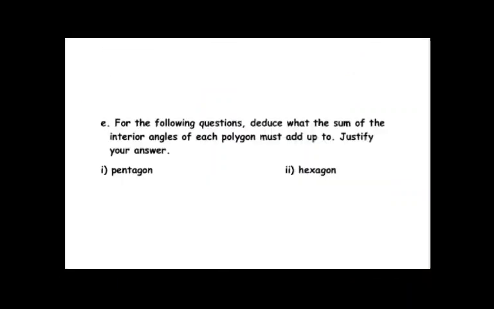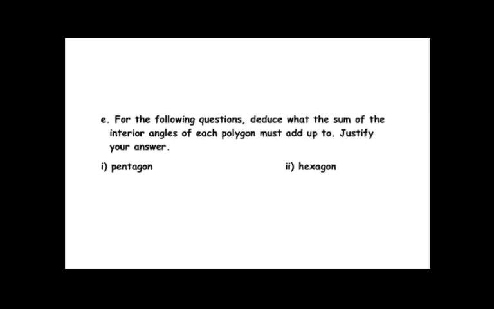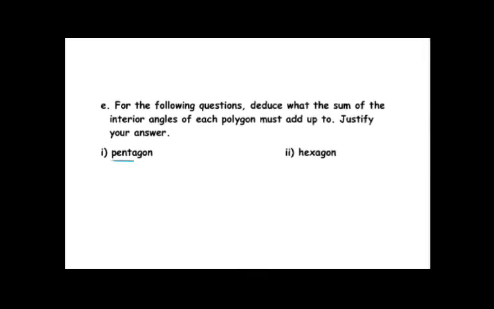Question 6e says, for the following questions, deduce what the sum of the interior angles of each polygon must add up to justify your answer. So, pentagon. Pentagon means a 5-sided figure. Correct? Okay.